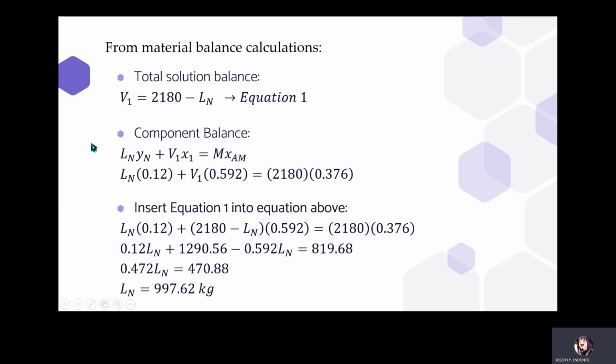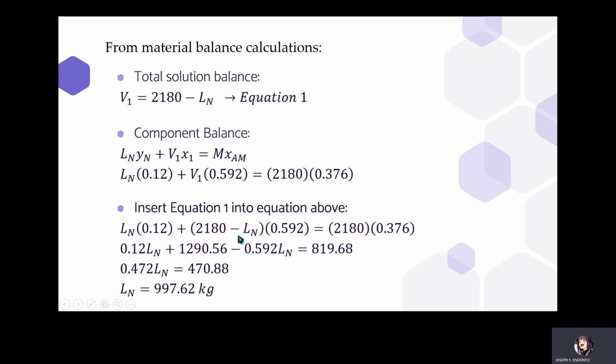By getting the component balance, L sub n times 0.12 plus V sub 1 multiplied by 0.592, which is the value of x sub 1, is equal to m, which is 2180, times the value of x sub am, which is 0.376.